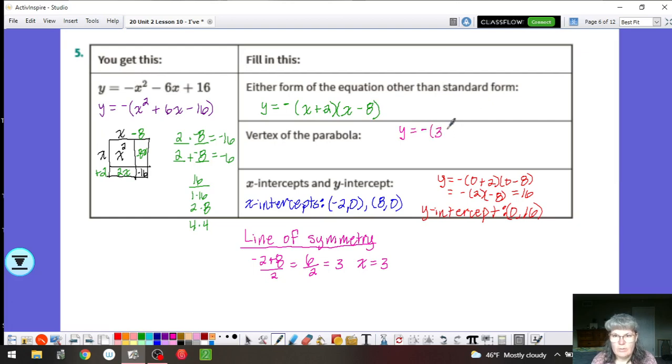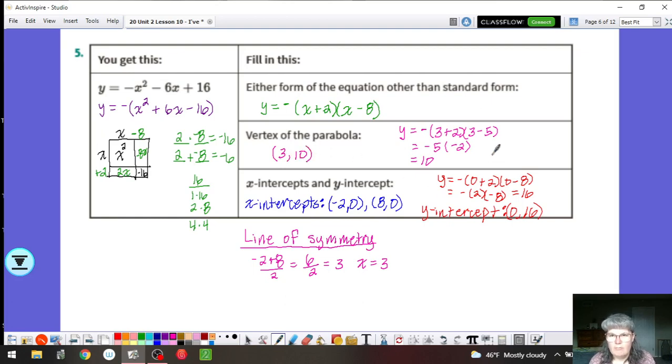So we're going to have 3 plus 2 times 3 minus 5. And we're going to have a -5 and times 3 times -2 is going to be 10. So that means my vertex is going to be at 3, 10.